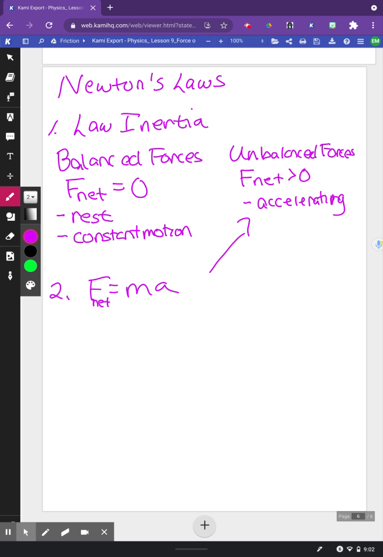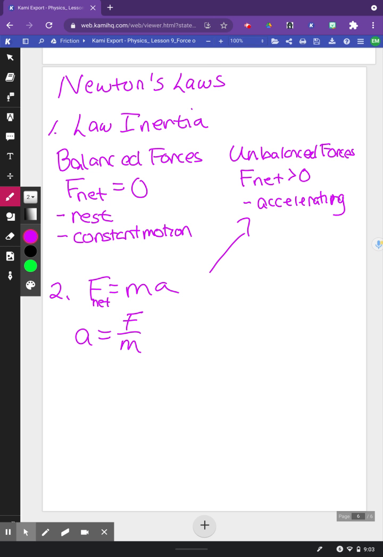F net equals mass times acceleration just tells us the relationship between force, mass, and acceleration again. So let's say that we rearrange this and we look at the equation like this.